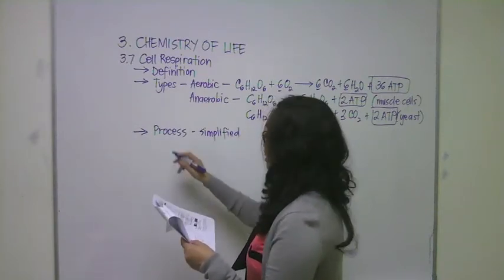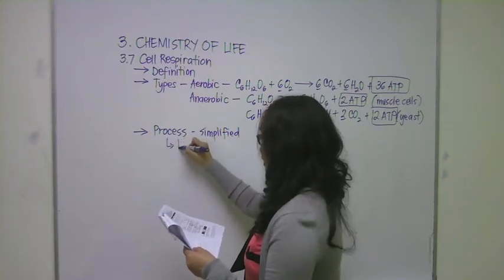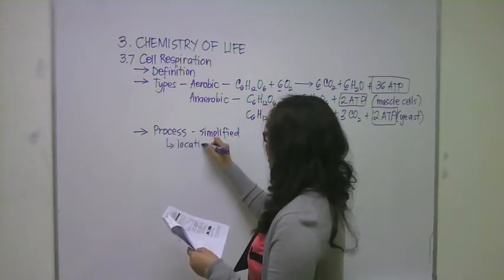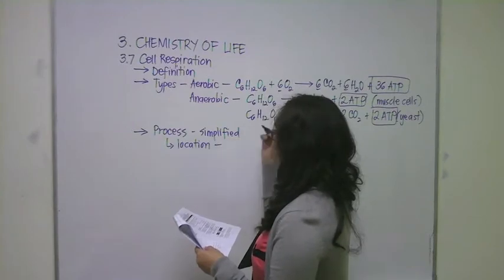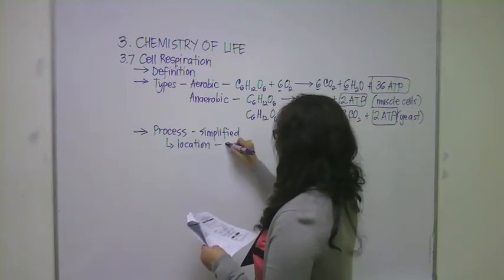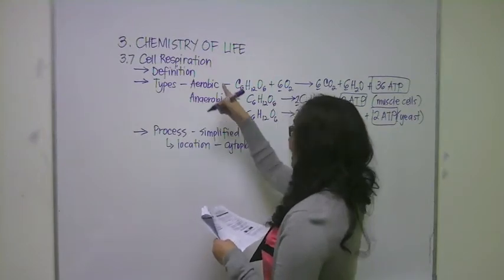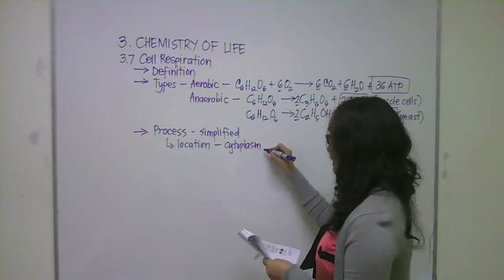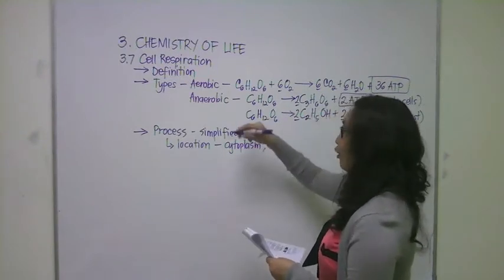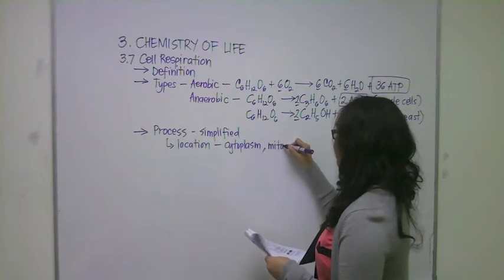We can just discuss under the process the location where it occurs. Aerobic and anaerobic respiration can occur in the cytoplasm, and furthermore, aerobic respiration continues in the mitochondrion.